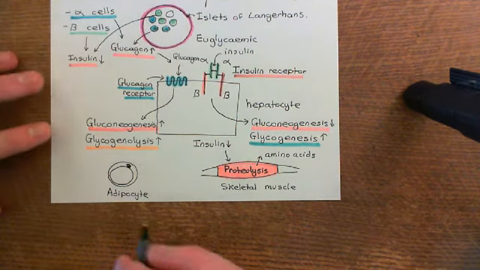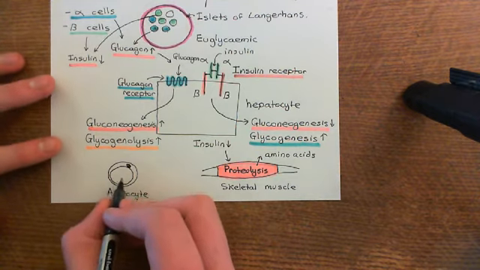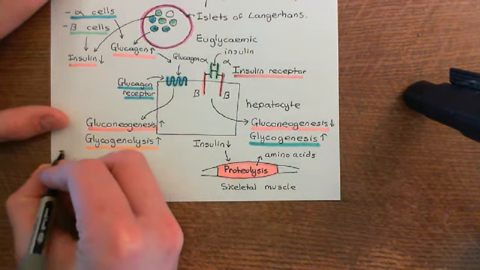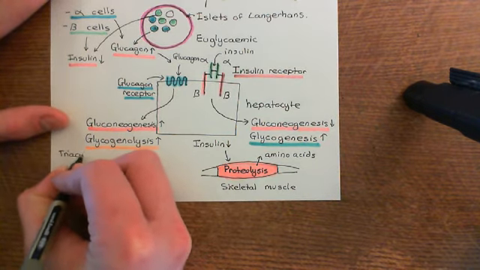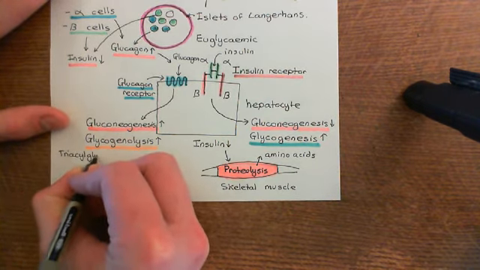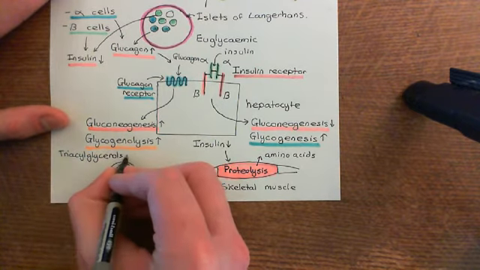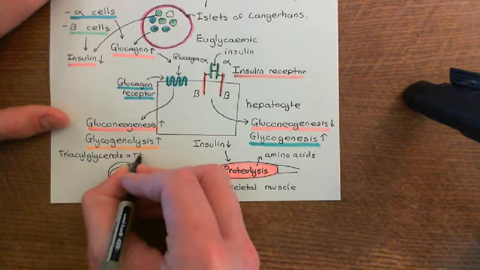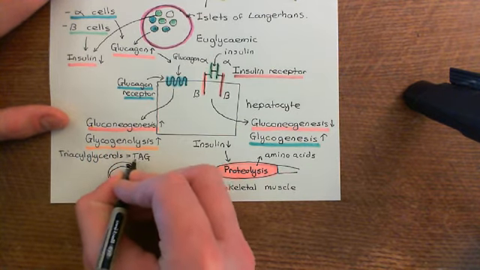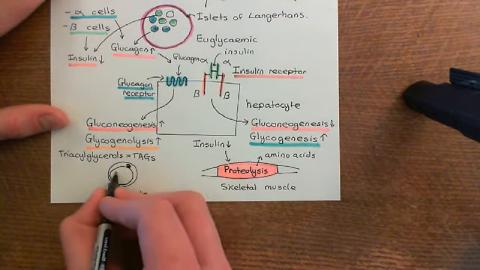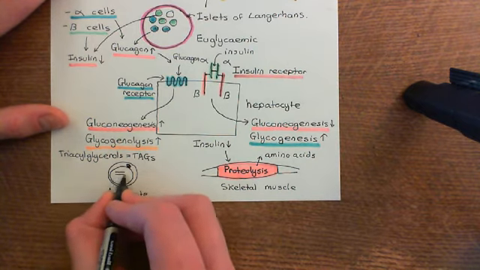So let me just explain what adipocytes have stored within them. Adipocytes have molecules known as triacylglycerols stored within them, or just triglycerides for short, also sometimes abbreviated to TAGs. Now these are exactly as the name says.